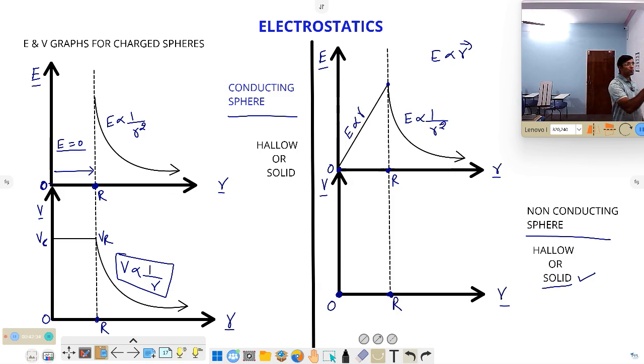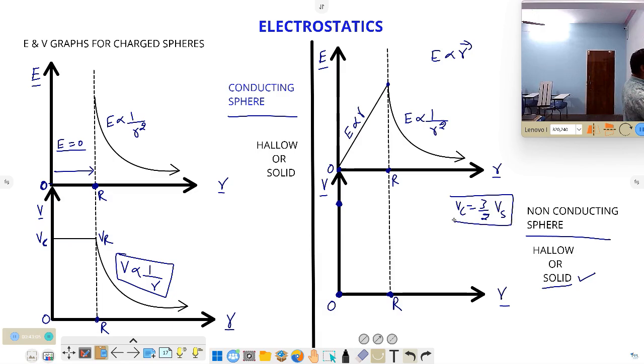Now in the case of potential, what we discussed just before, the potential in the case of a non-conducting solid sphere at the center is not 0, it is equal to 3 by 2 times the potential on the surface. That means this is the way I can draw the graph. This is at the center, the potential is here, and on the surface the potential decreases, because the potential at the center is 3 by 2 times the potential on the surface.